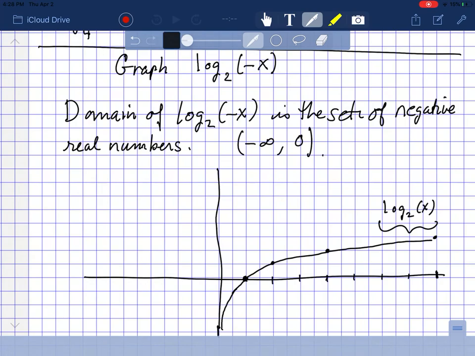Okay. Well, all right, if I'm looking at the log base 2 of minus x, what do we know? We know that that's going to be the reflection of this curve about the y-axis. So it's just going to look like this.